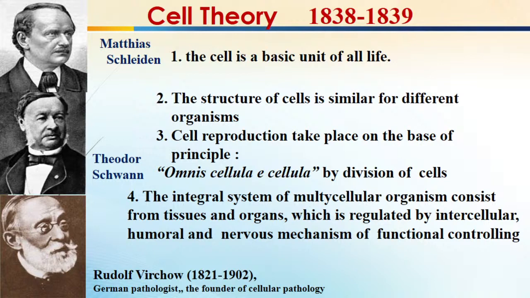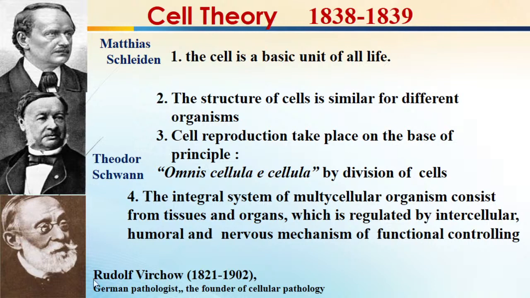It was founded in 1838-1839, and of course the authors of this fundamental theory were Matthias Schleiden and Theodor Schwann, both German scientists, who postulated the main fundamental phrases. First, the cell is the basic unit of all life. The second, the structure of cells is similar for different organisms.